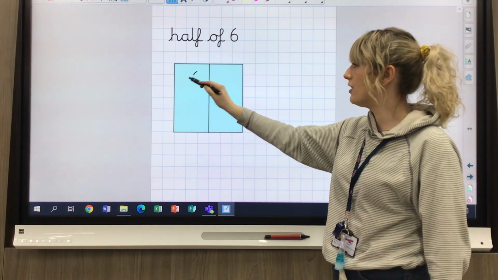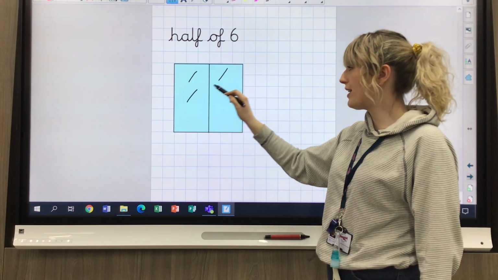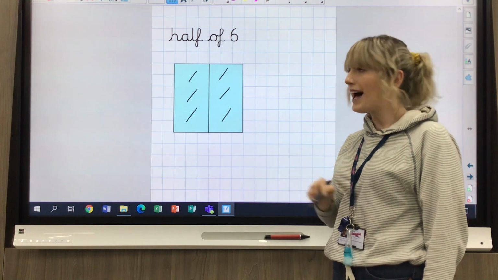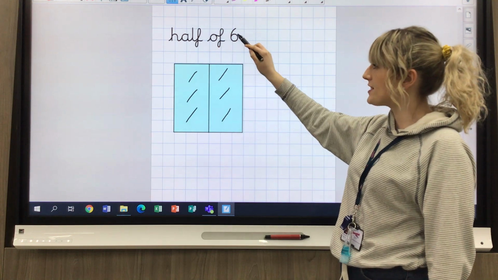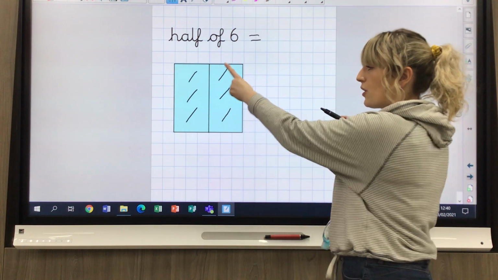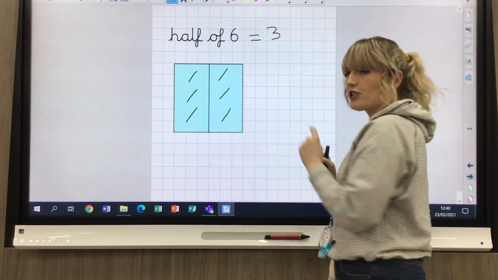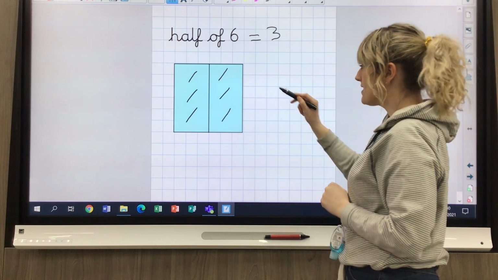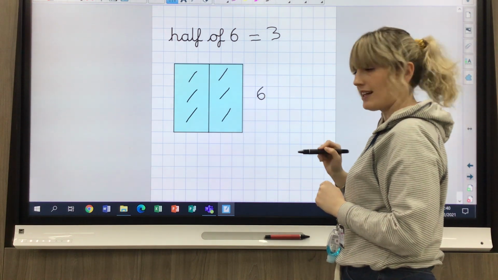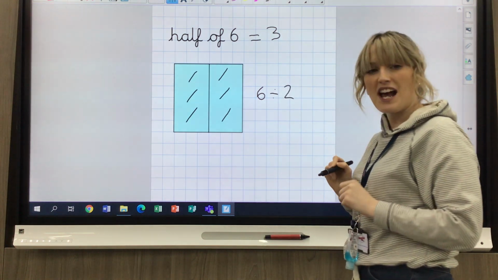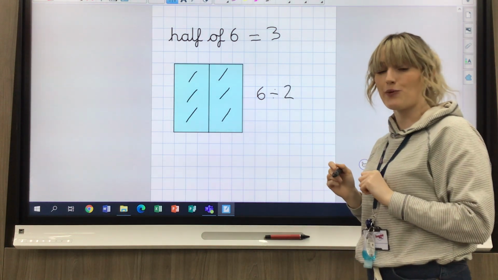Okay, so 1, 2, 3, 4, 5, 6. So I know then that half of 6 equals 3, because there's 3 on each side. That's the same as 6 divided by 2. Now, you often do this when you're dividing.